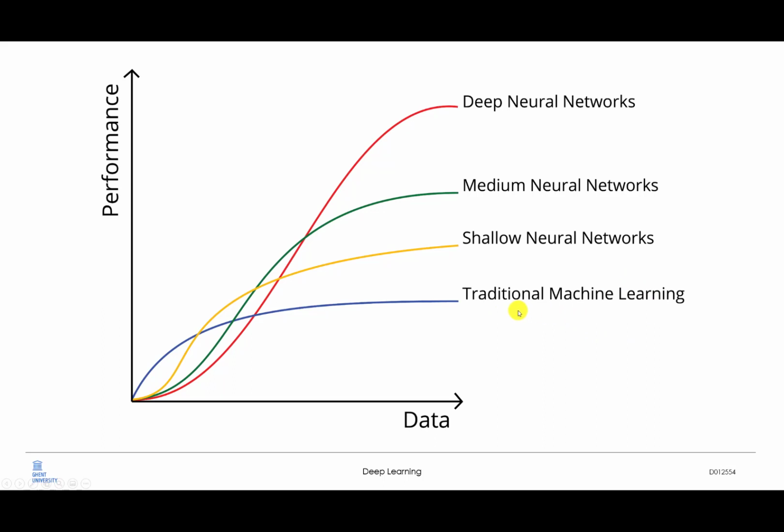And so the ones that we have seen so far are referred to as the traditional machine learning algorithms. The problem that we observe in many tasks is that here we have an increasing amount of data, so this is a bigger and bigger data set for training, and this is the performance, so better performance goes up here. What we see is that traditional machine learning algorithms can do very well already with small data sets.